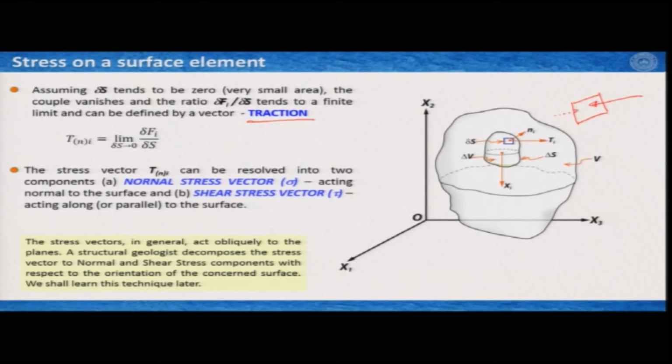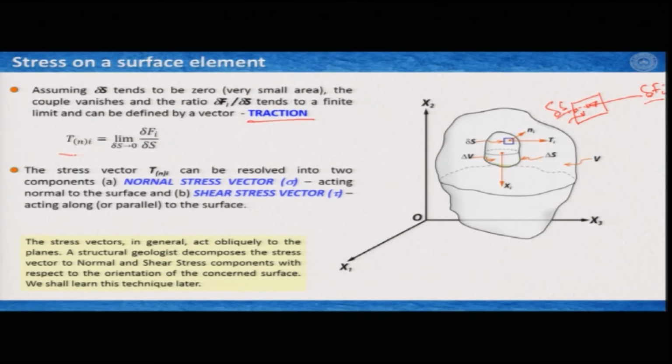So, we are getting an opposite force on this same point from the other side, and this is del S, this is del F I. If this area goes very small, so I have an area del S and a force acting on it, del F I, and if I reduce this area, that means the area tends to 0, then in a very small area I get the stress or the traction on a surface.